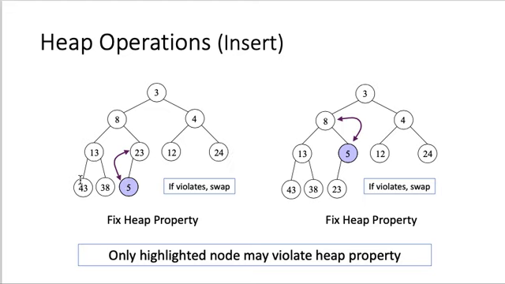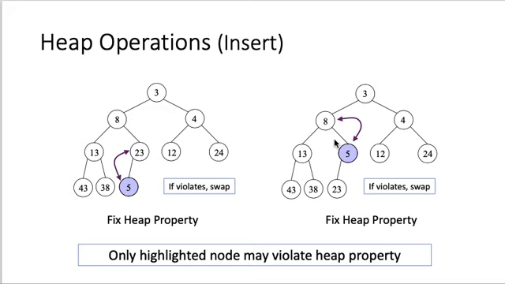All the other parent-child relationships satisfy the heap property here. All these edges are okay. This is the only possible edge that is not okay. Now after swapping, this edge now becomes okay. All these edges are previous edges, so they follow from the previous heap that they are okay. And this is the only edge that is not okay.